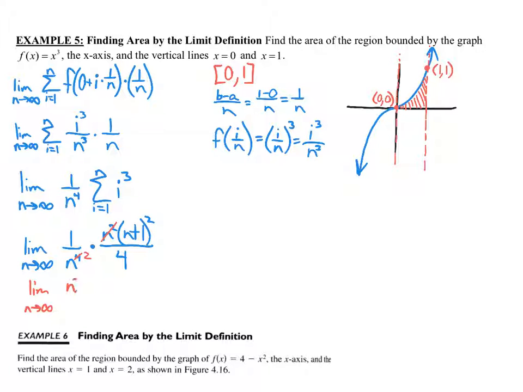Either way, it's going to be n squared plus 2n plus 1. I don't really care about the 2n plus 1 because I've got a 4n squared on the bottom. And it's 1/4. In this case, the degrees are the same, and by the way, that happens a lot in these. Okay? So our limit equals 1/4.